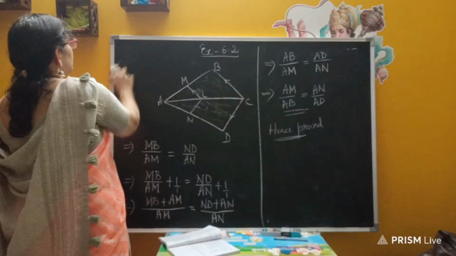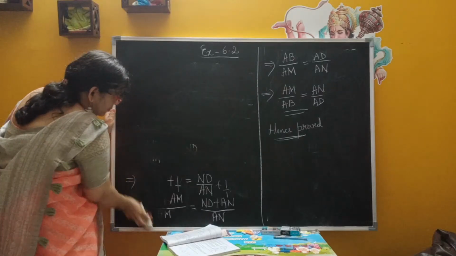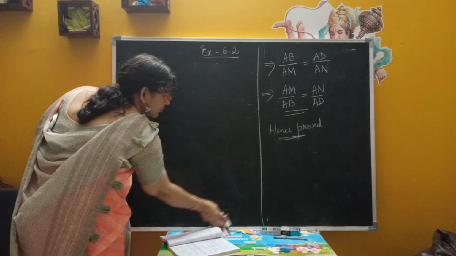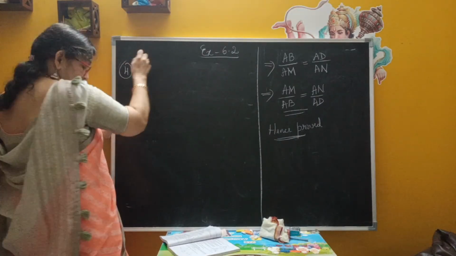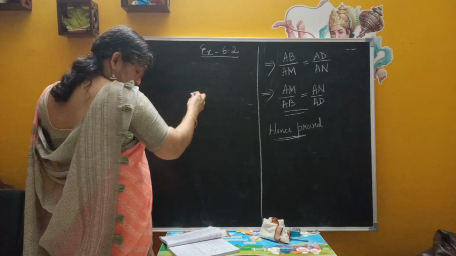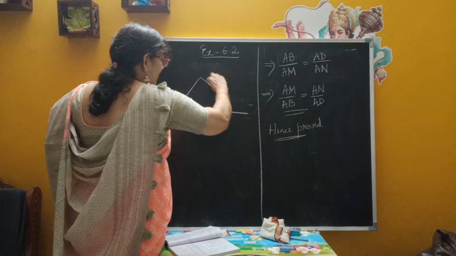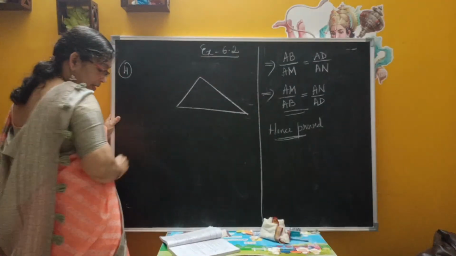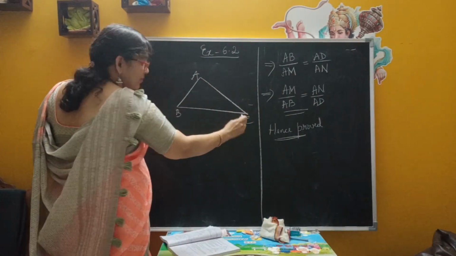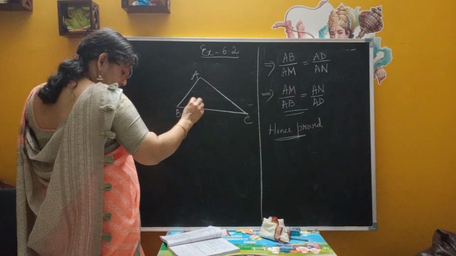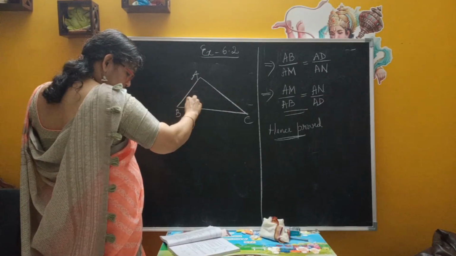So let us draw the figure. One triangle is given. ABC is a triangle. ABC, and D and F are the points.